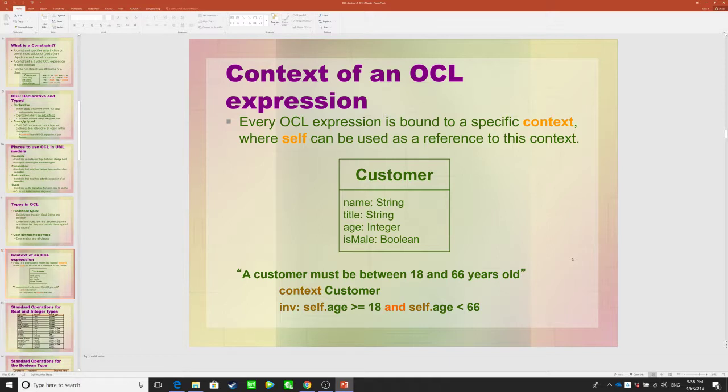Self refers to the reference to this context, customer. Okay, so this is easy to understand. So the customer's age should lie between 18 and 66, right? Yeah, which is so easy.